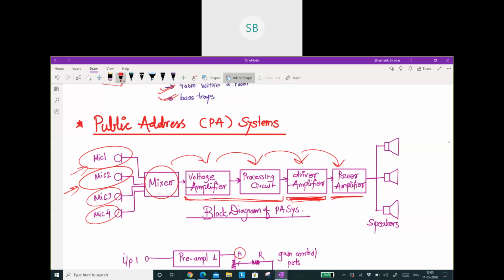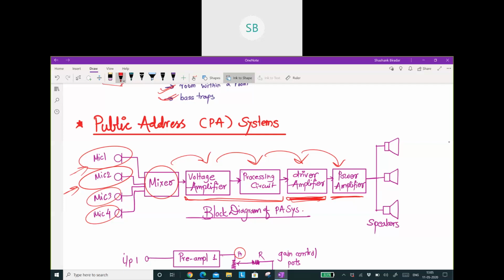Matching transformers are used between them to match the low speaker impedance to the output impedance of the power amplifier. So why are we matching the impedances everywhere?